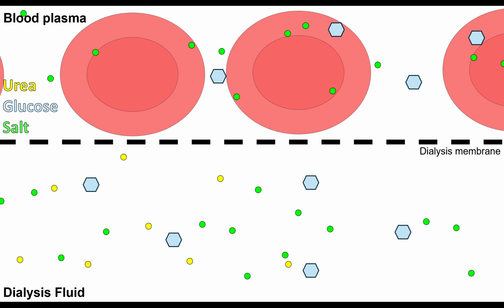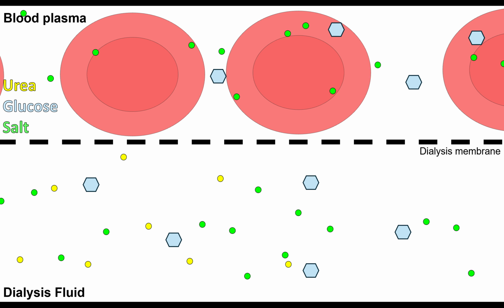Therefore, that maintains the concentration gradient, allowing the nitrogenous waste to be diffused out and then removed and discarded later. So the dialysis machine is mimicking the role of the kidney in the filtering process. What ends up going back into the patient is the filtered blood, which has been regulated.